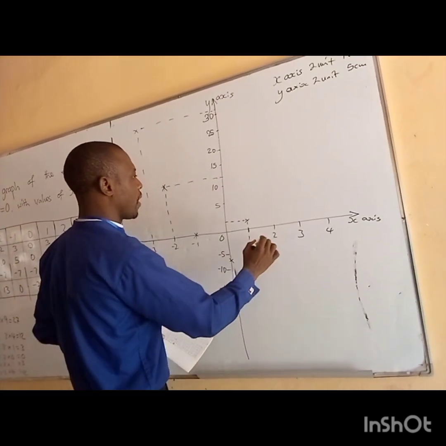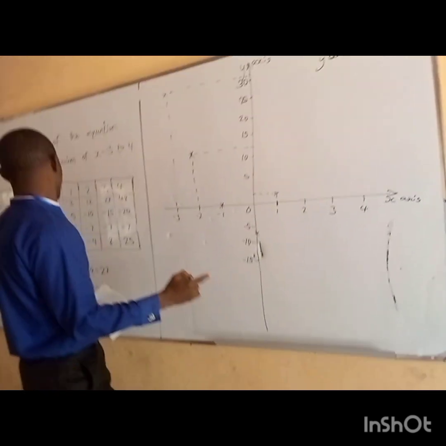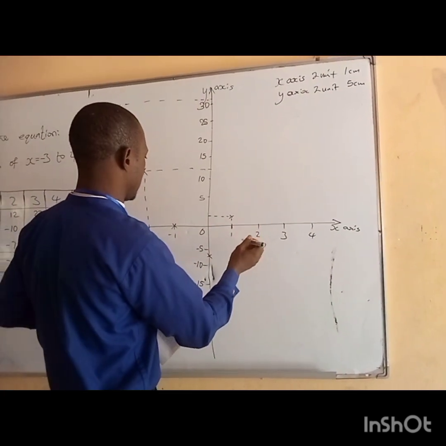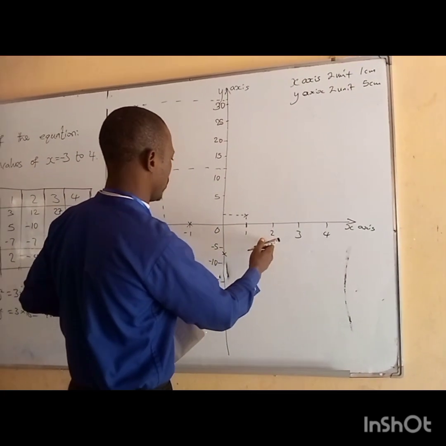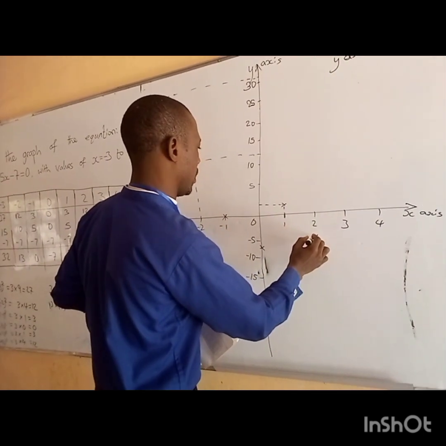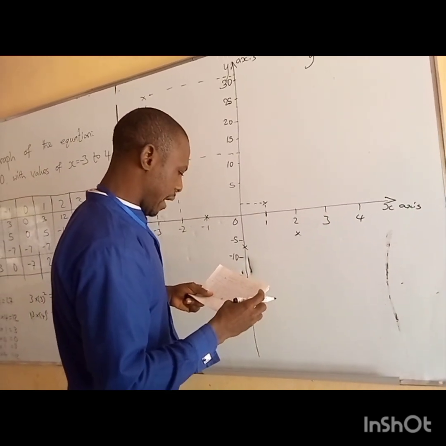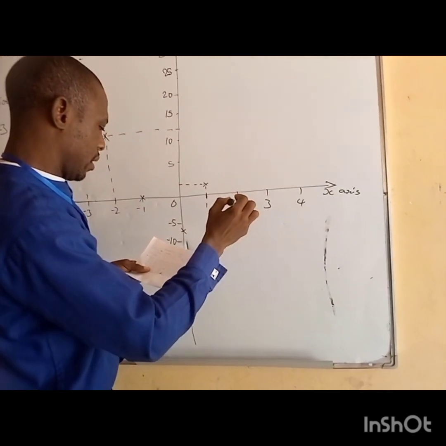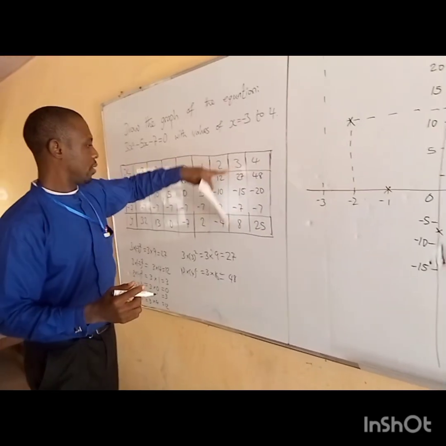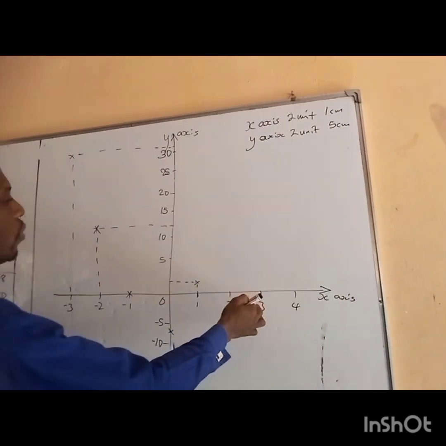Alright, so when x is 2, y is minus 4. Minus 4 is somewhere here. And then when x is 3, y is 8.